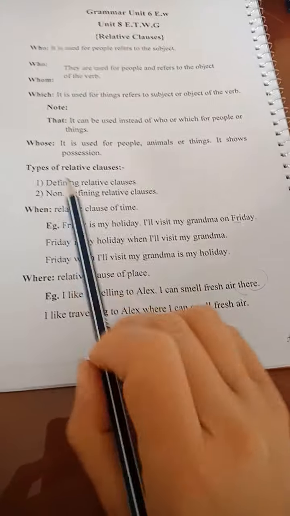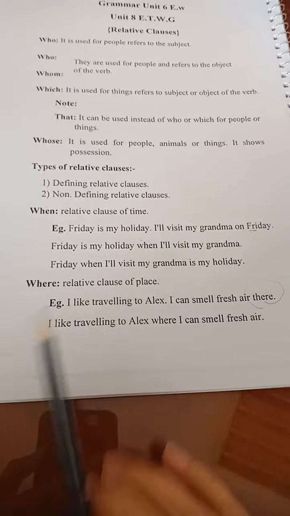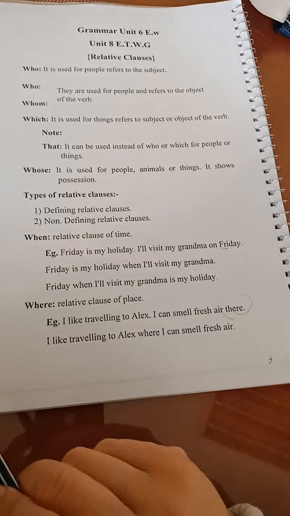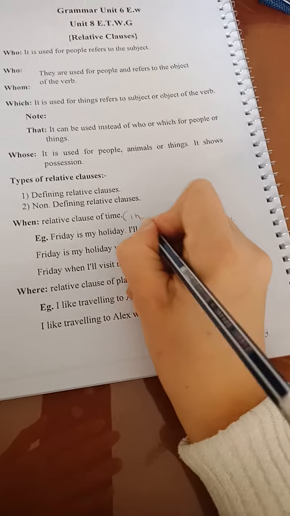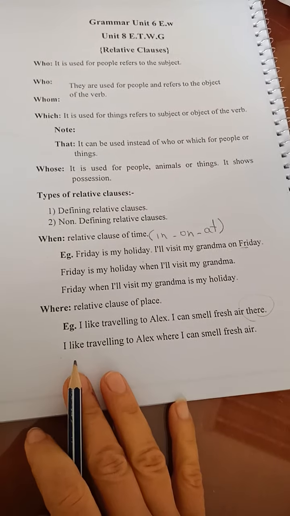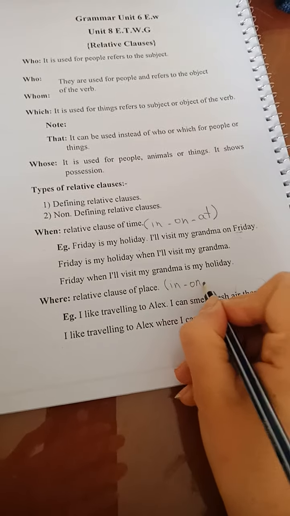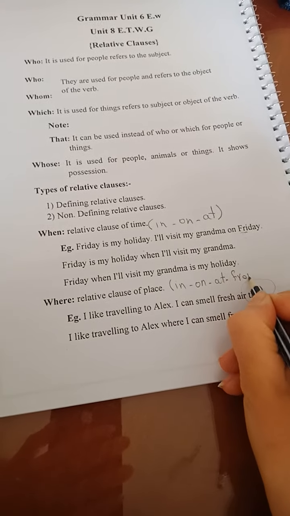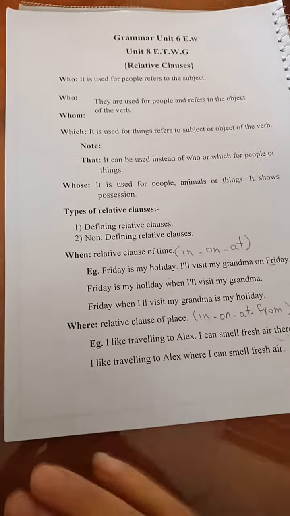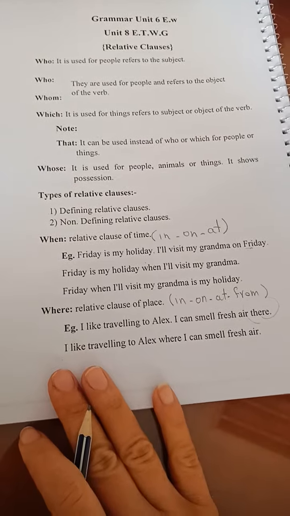So, both in using when or using where, I can have a preposition of time in when, and we know prepositions of time: in, on, at. This is called the prepositions of time. With where I can have in, on, at, from, by, next to, in front of, any prepositions of place.